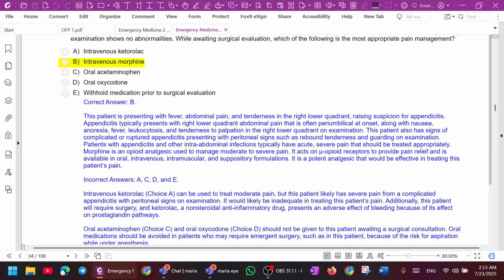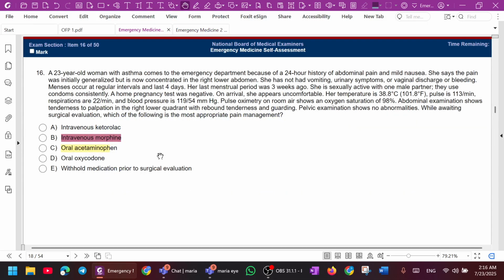Oral acetaminophen and oral oxycodone should not be given to this patient awaiting surgery. Oral medication should be avoided in patients who may require emergency surgery, such as this patient, because of the risk of aspiration under anesthesia. Next. So why morphine? Because she has severe pain.